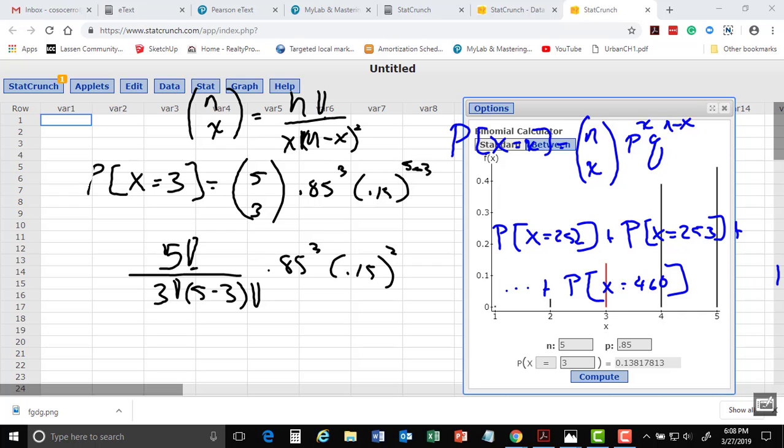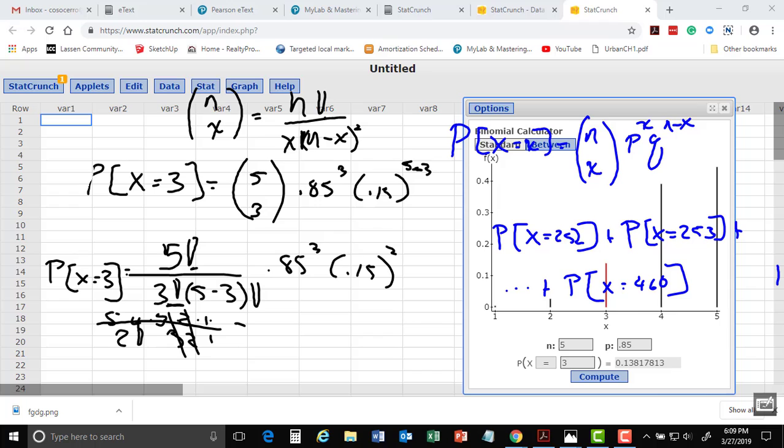This is the probability that the random variable takes on exactly the value 3. 5 factorial is 5, 4, 3, 2, 1 multiplied together, and here's 3 factorial, 3, 2, 1. But what do I still have left under here? A 2 factorial.